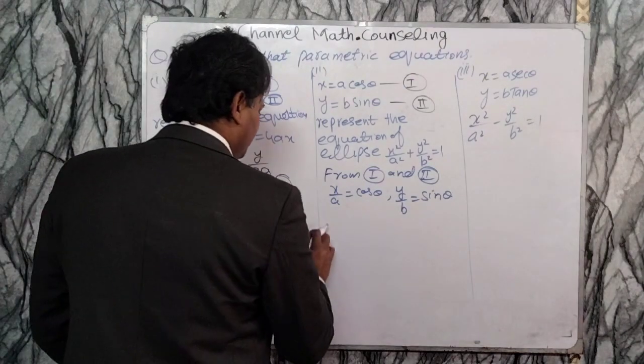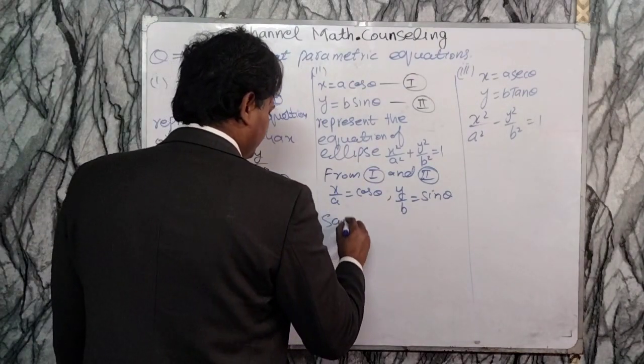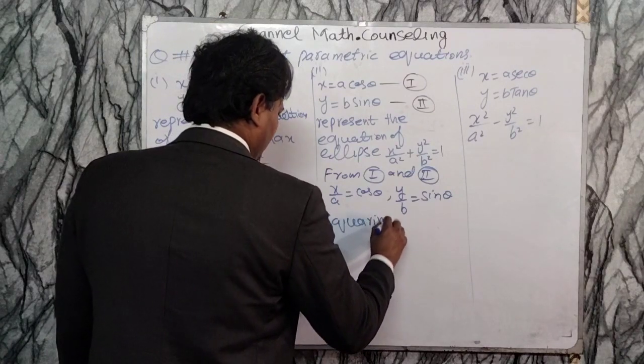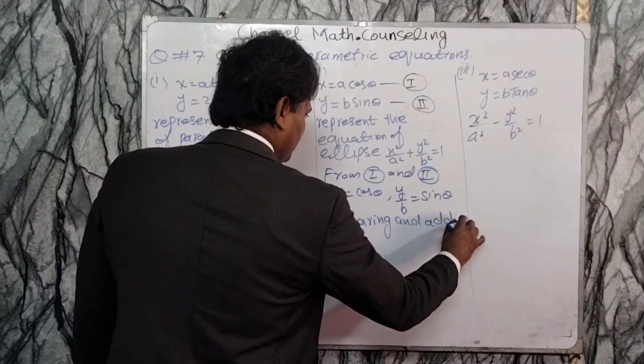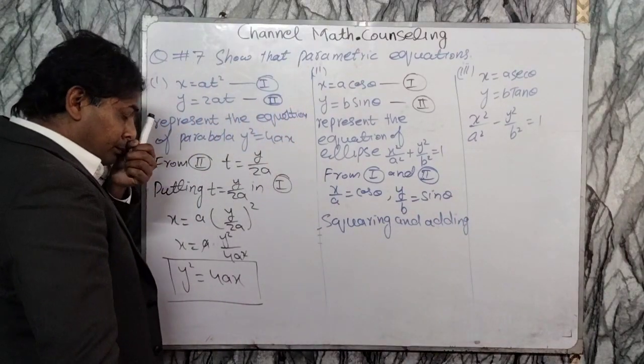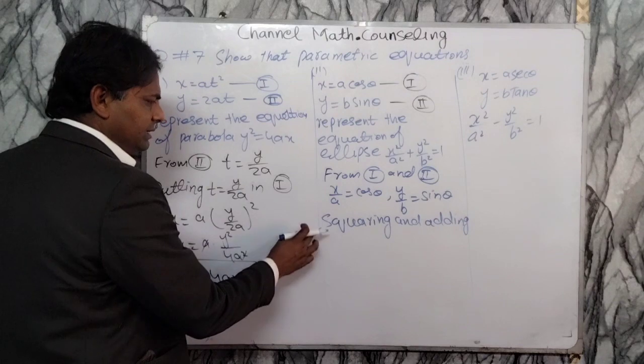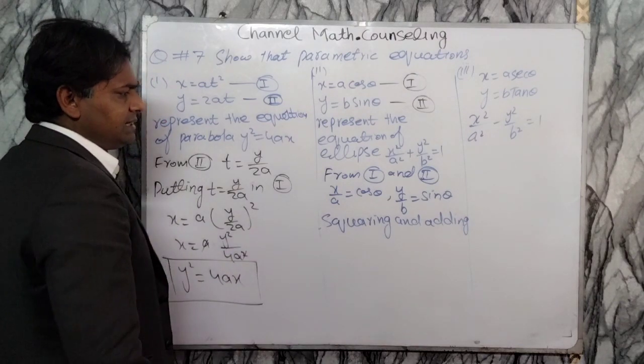So in a single step we will take the square, and also we can add these two equations. So I write here squaring and adding. Both of these things I am going to do in a single step.